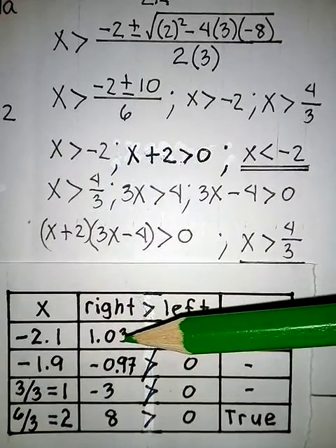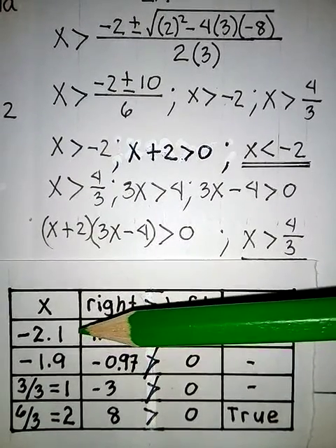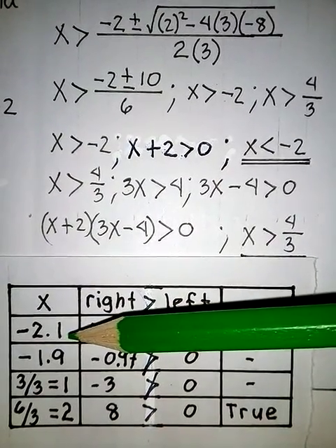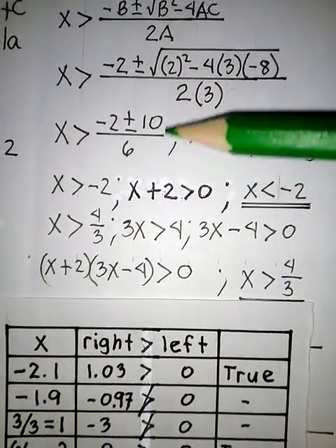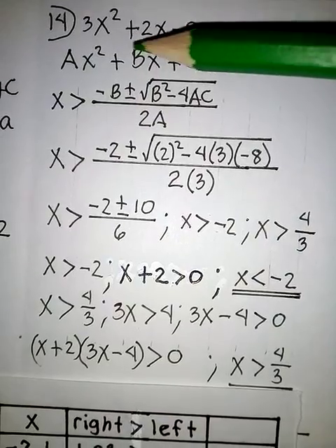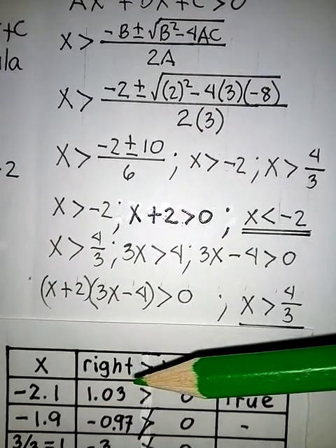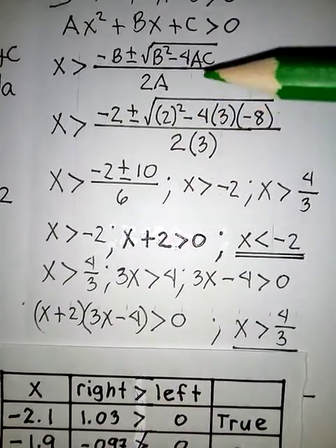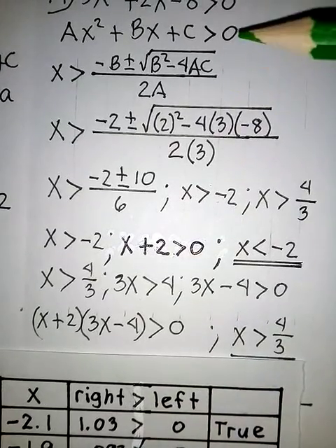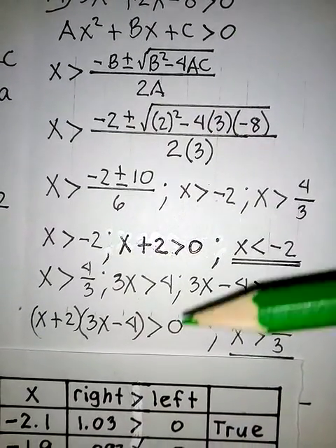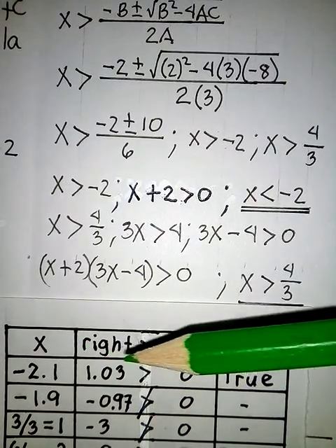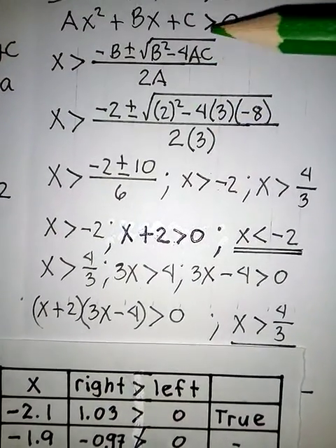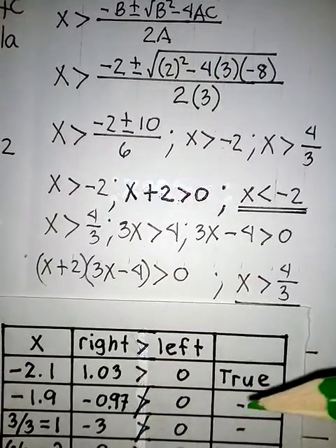If we substitute the value of negative 2.1 into the original equation, on the right side we will get 1.03, and the left side is, of course, 0. So, negative 2.1 for the value of x will satisfy the given equation. So, this is true.